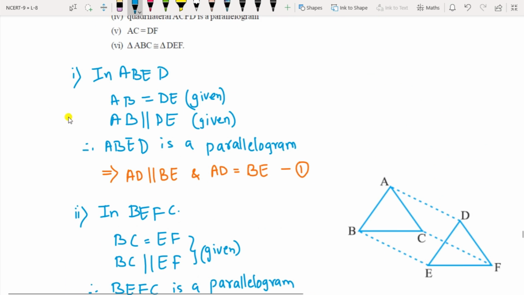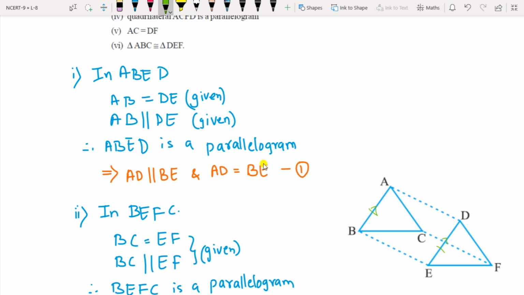So now let us consider the first one, quadrilateral ABED. So ABED from this figure, it is given that AB is equal to DE and AB is parallel to DE and therefore ABED is a parallelogram.